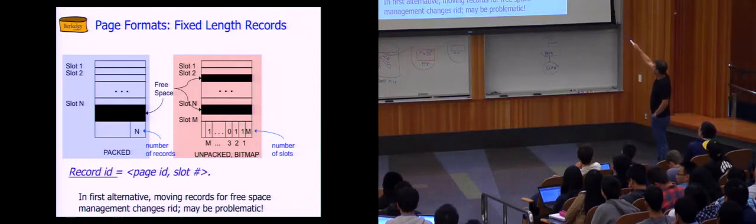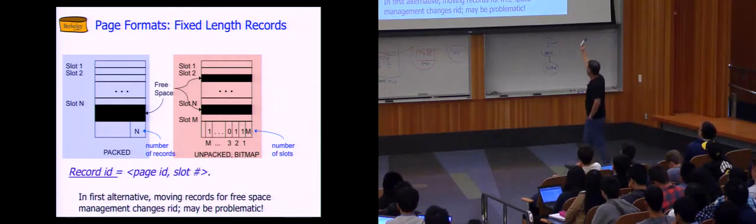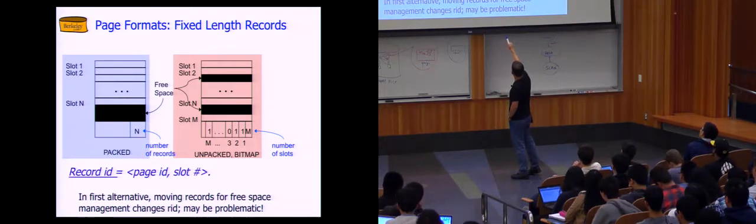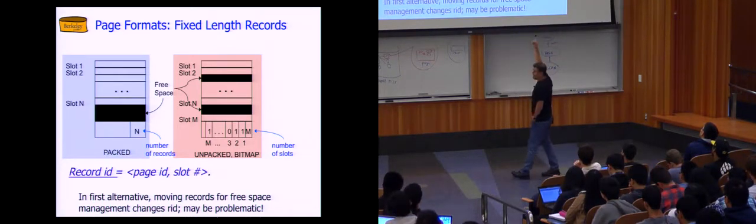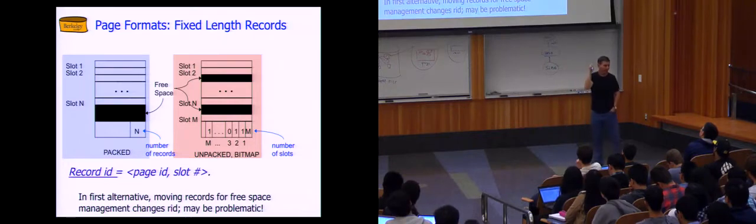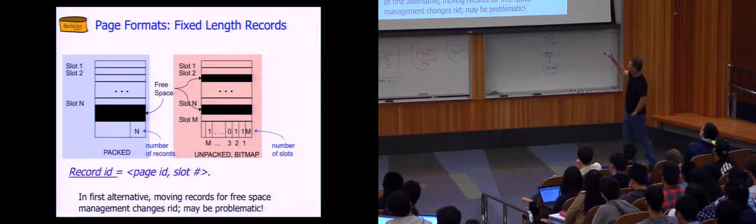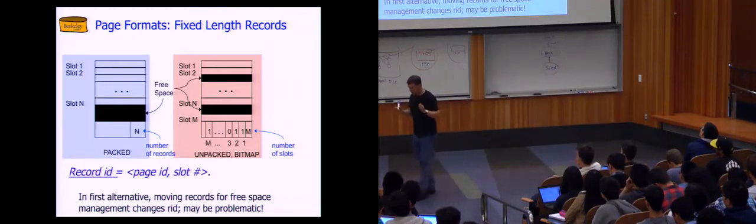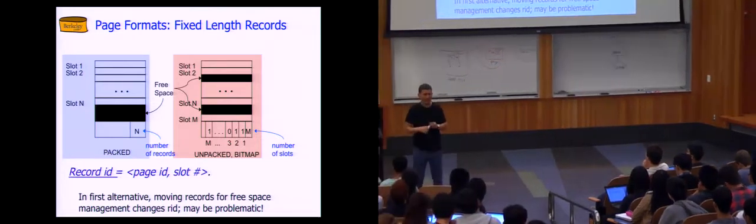But let's assume there's an m there that tells you how many slots there are, and then there's a bitmap, maybe from the end of the file going inwards, for which slots are full. Okay? And the free space can just pop tuples in and out as they get deleted and inserted. So the only advantage really to the thing on the right for these fixed width tuples is that the tuple IDs are going to stay the same.